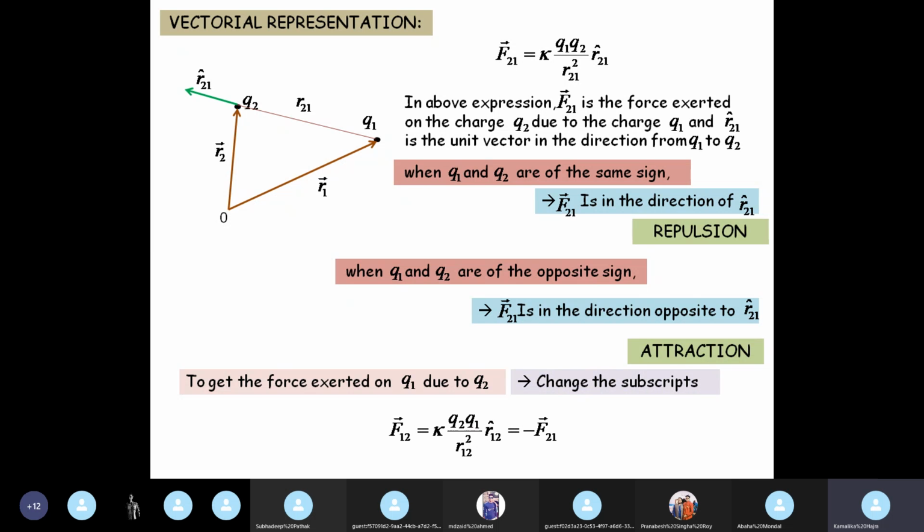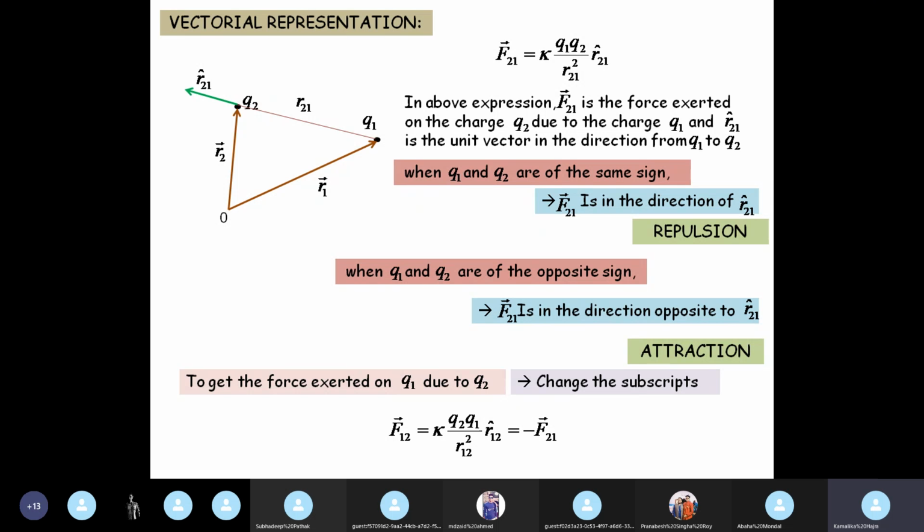So F12 has the same constant, just q2 q1 by r12 square r12. So you just swap the position of the subscripts here. Obviously F12 is equal to minus F21.